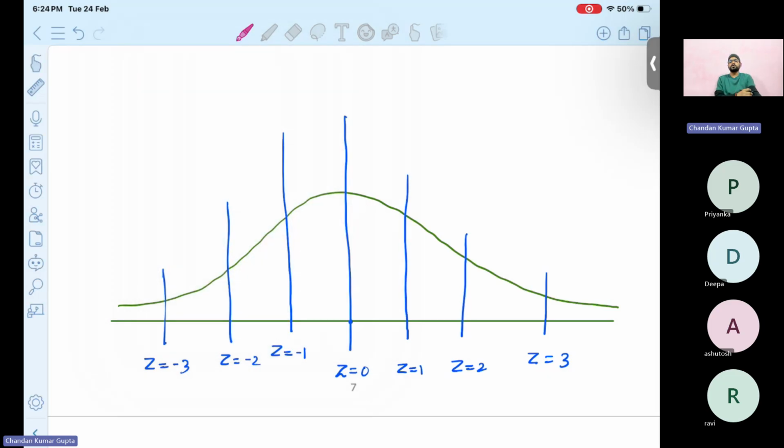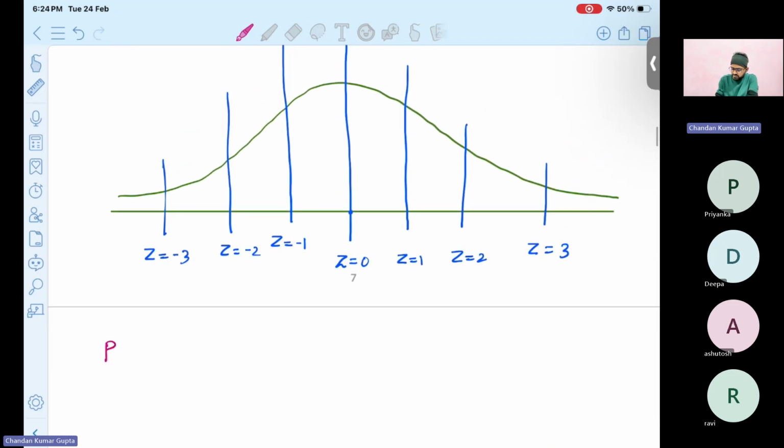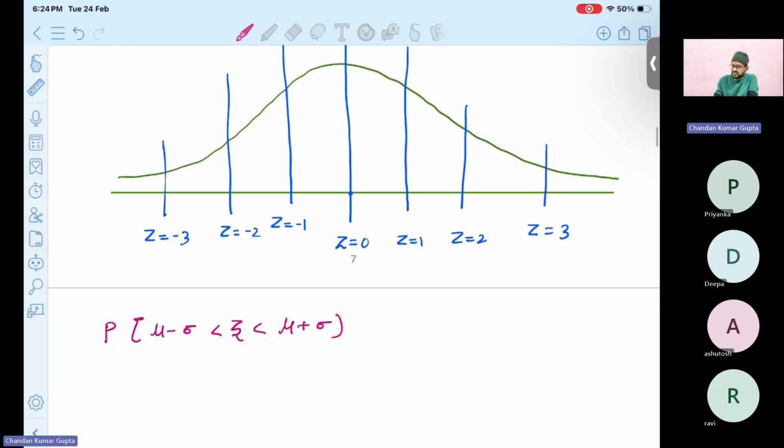There are some properties of the normal distribution. The first is the probability that x lies between mu minus sigma and mu plus sigma. Actually, I have written one thing wrong. It's not exactly wrong, but the notation is.